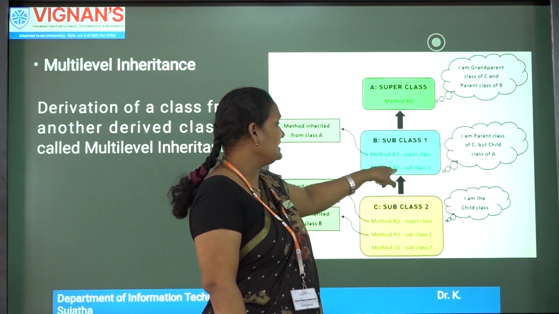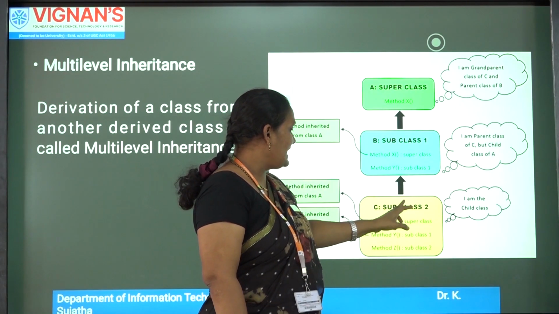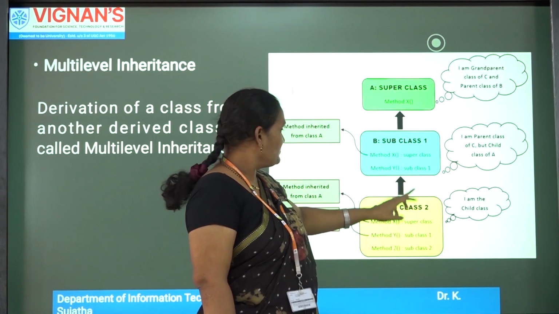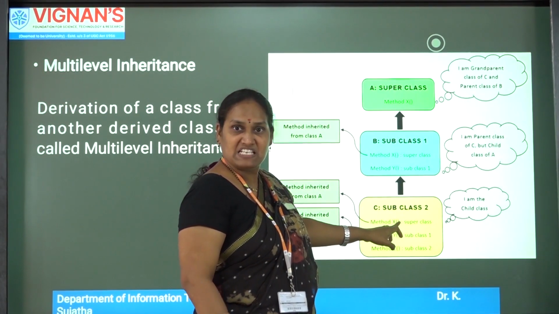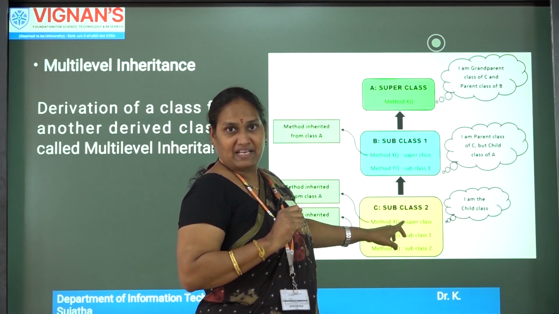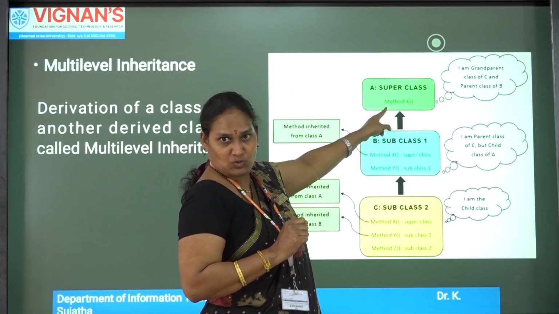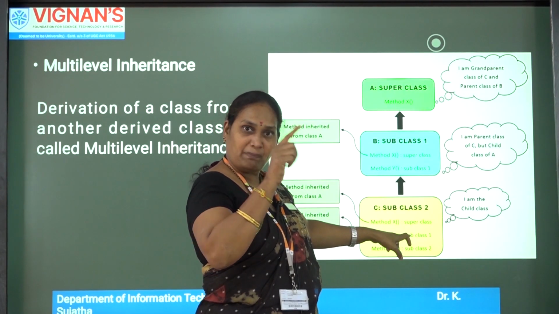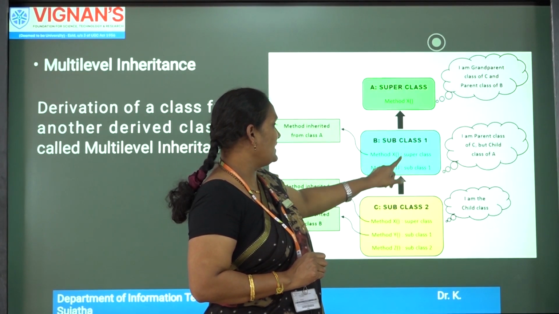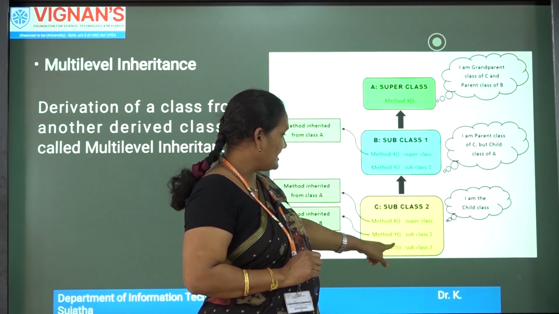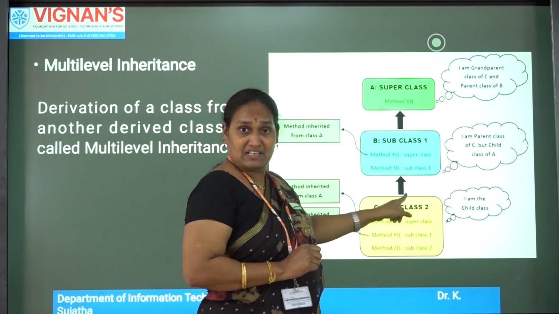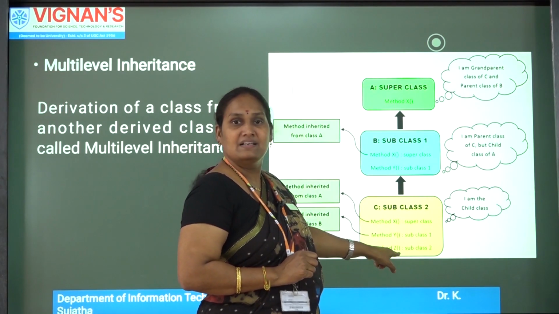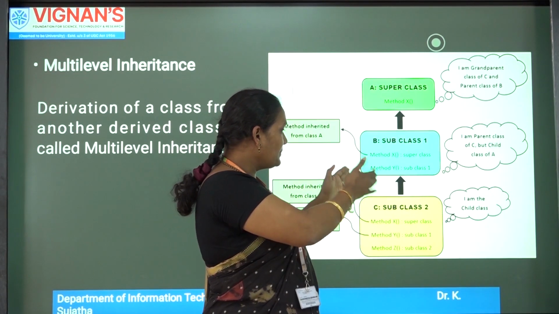Here it is having a method Y. Now coming to subclass 2, which is derived from this subclass, it can access the method which is present in its grandparent class, which is nothing but the superclass, and it can access the method which is present in its parent class, which is nothing but subclass 1, which contains a method Y. This class itself may have another method, that method is Z. So we have inherited in multiple levels.